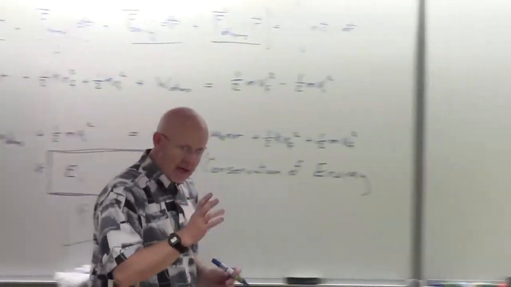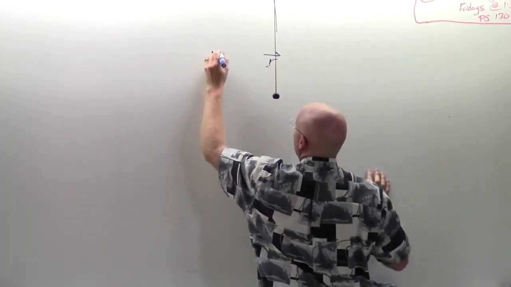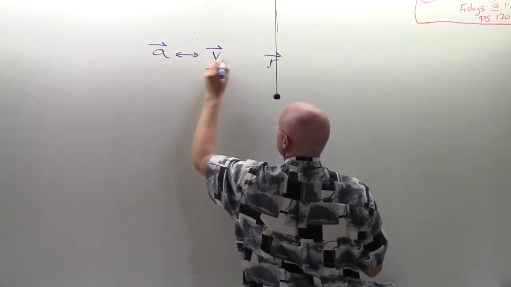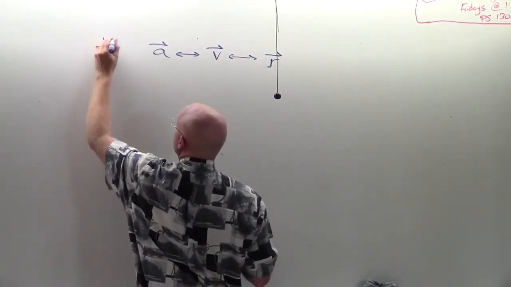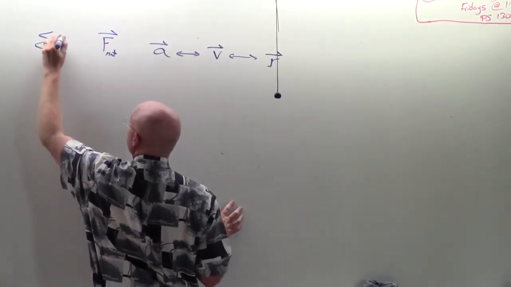So let me put that diagram back on the board here. Here's the diagram on the board. We had position, velocity, acceleration. These three things were connected. Then we had net force, and then I had the sum of the forces.